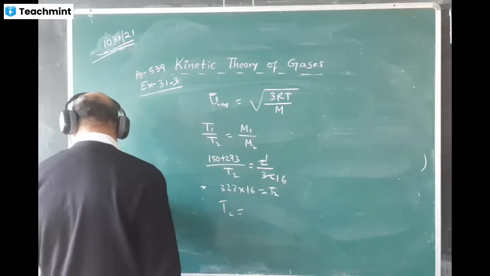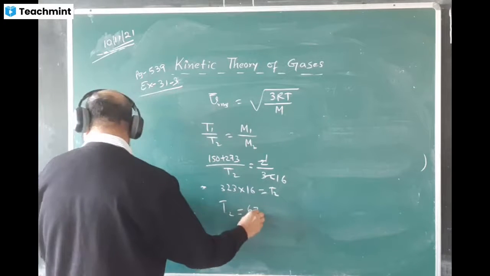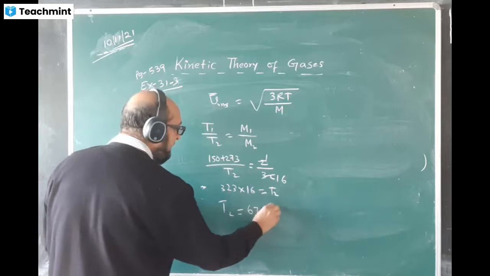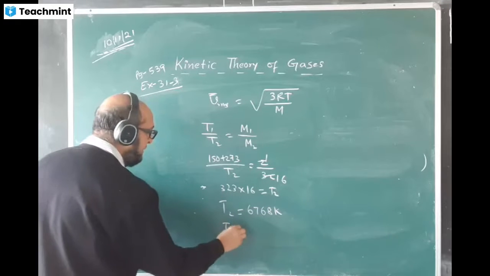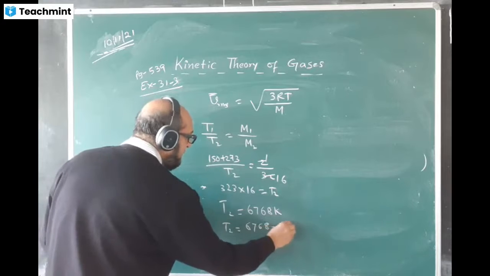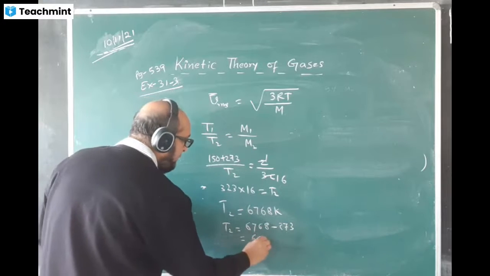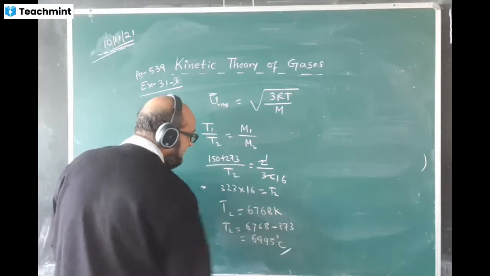The T2 value will come 6768 Kelvin. Will change into degree Celsius, 6768 minus 273. The answer will come 6495 degrees Celsius.